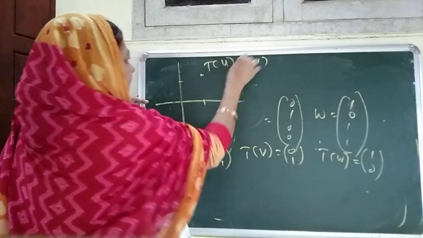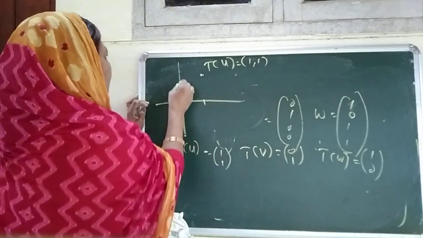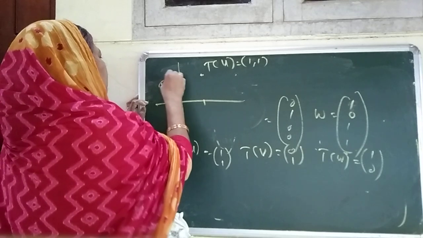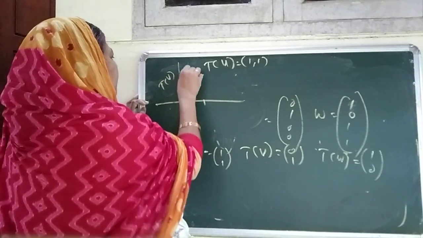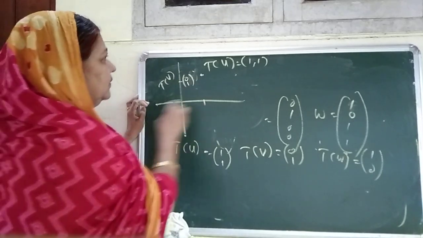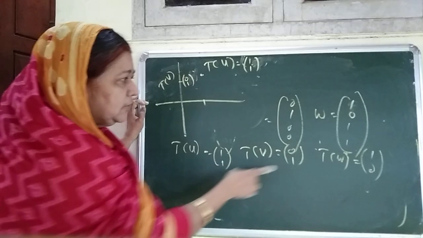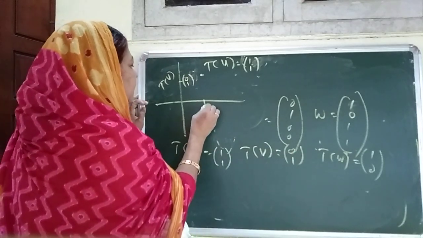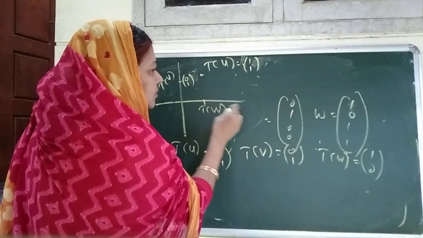Similarly, T of V is 0 1, and T of W is 1 0.